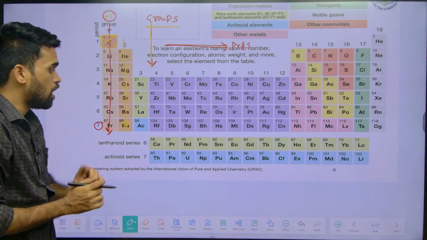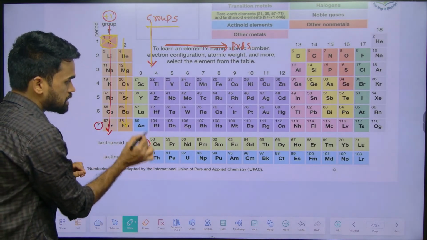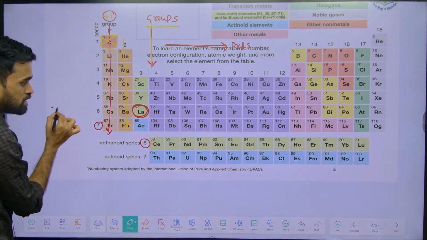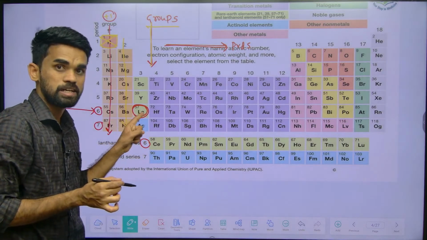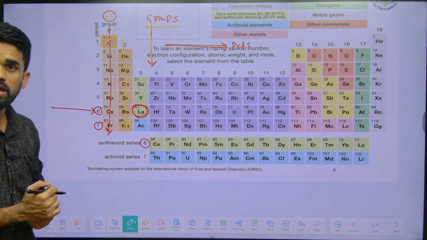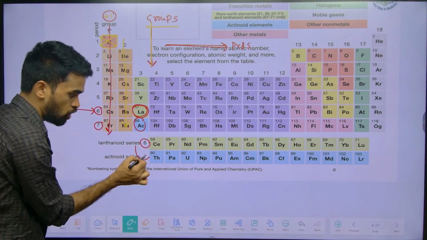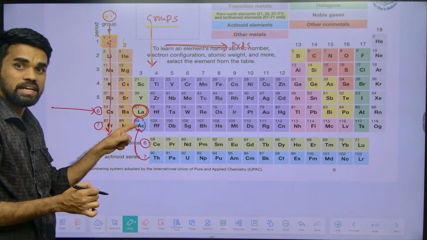Now remember, all the lanthanides will be at this position. Which period is it? 6th period. So all lanthanides are present in the 6th period. Now what about actinides? All actinides, this down series, should be at this position, along with the 89, all these elements.